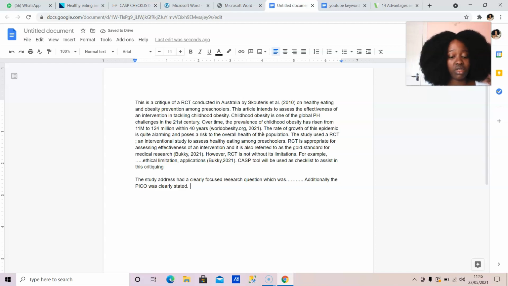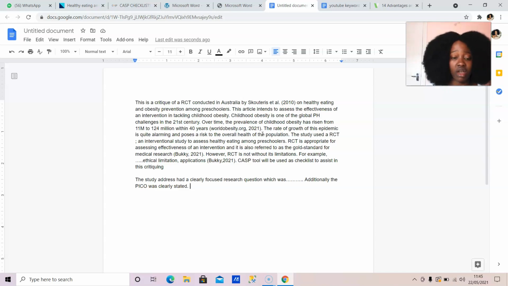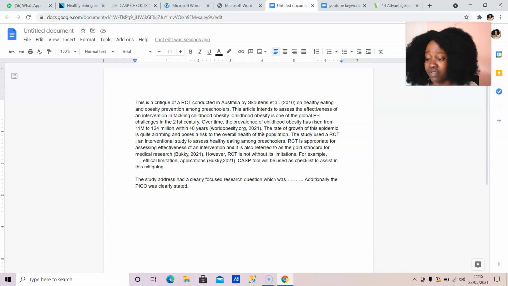Although you now start with the PICO one after the other. Like the population, although the outcome being measured is on the preschoolers' weight and the effect, the intervention itself is focused on the parents, how they are able to take the education that was given to them.